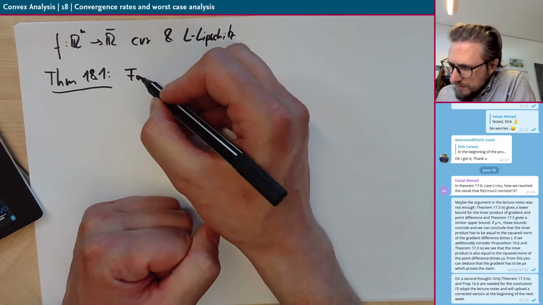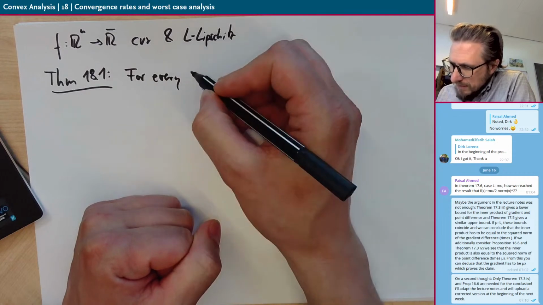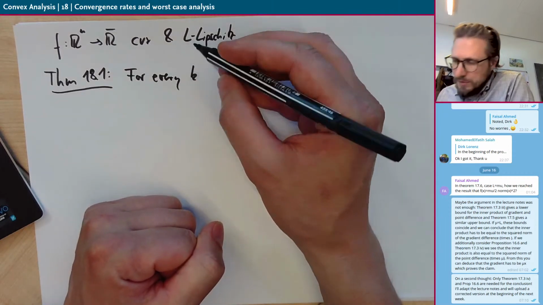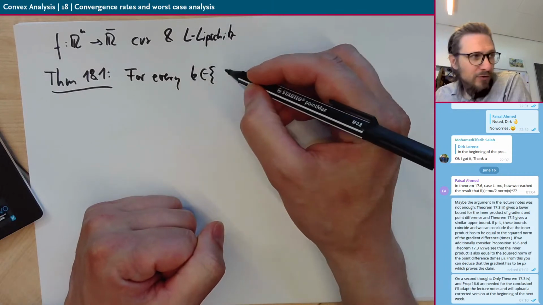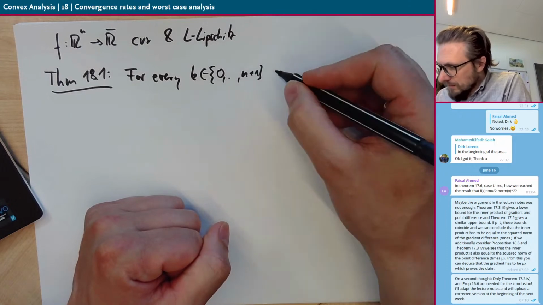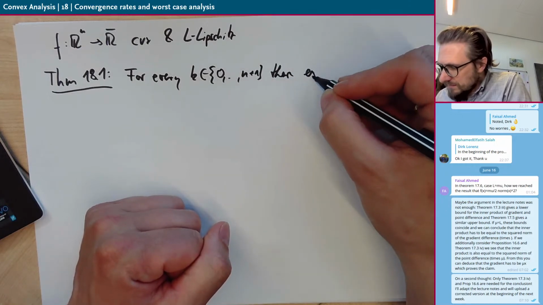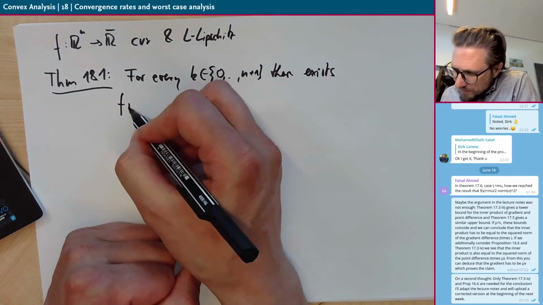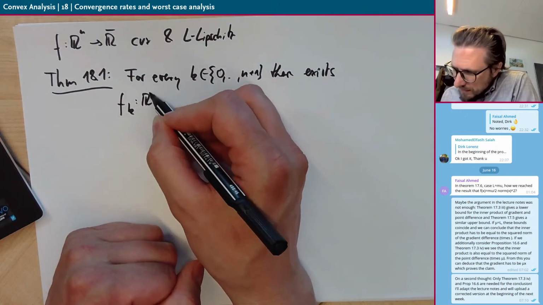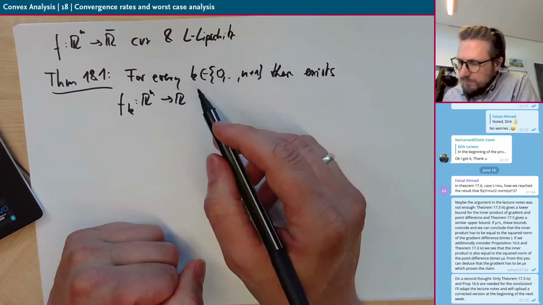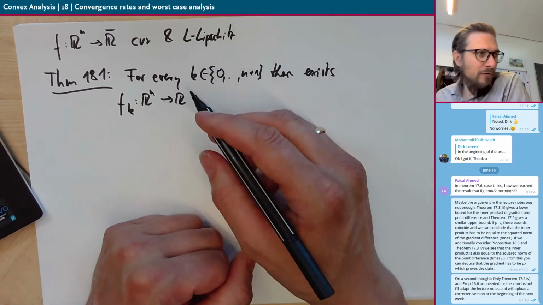For every k between 0 and n plus 1, there exists first a function f, which now depends on k, from Rn to R. Actually, it's finite valued, so I can just leave that off here.